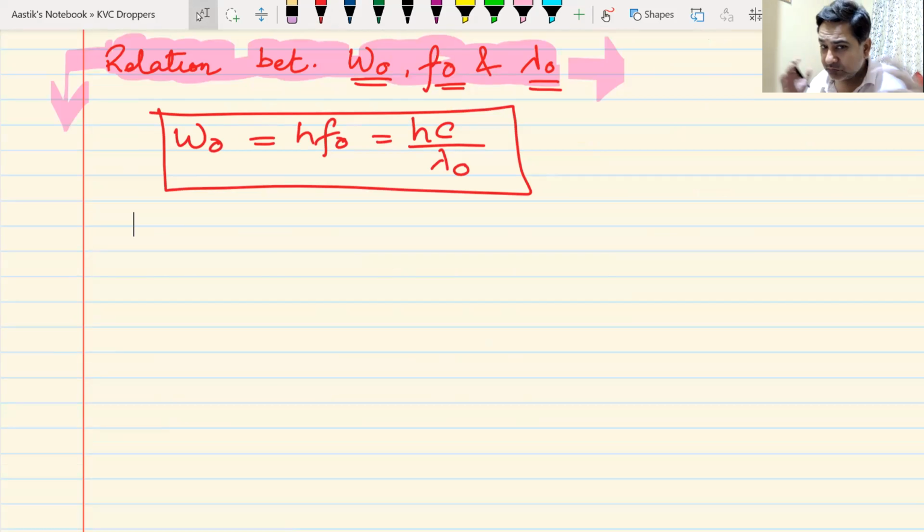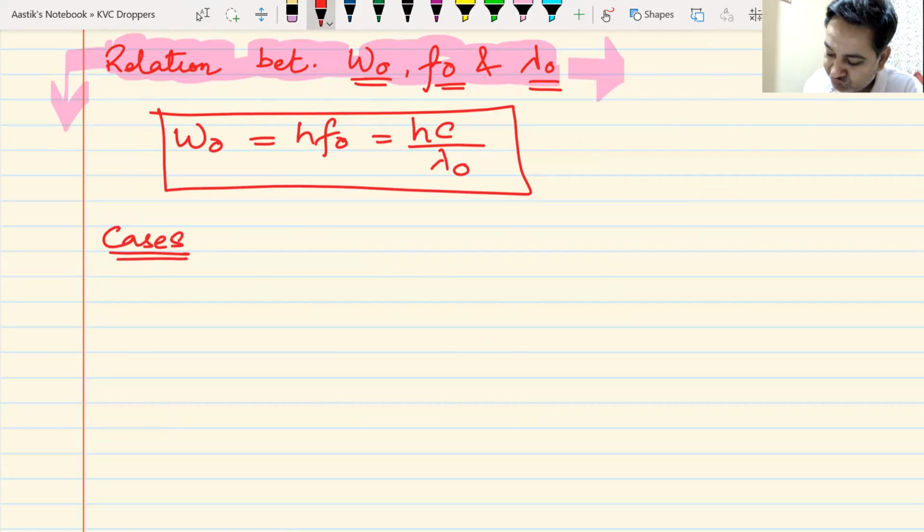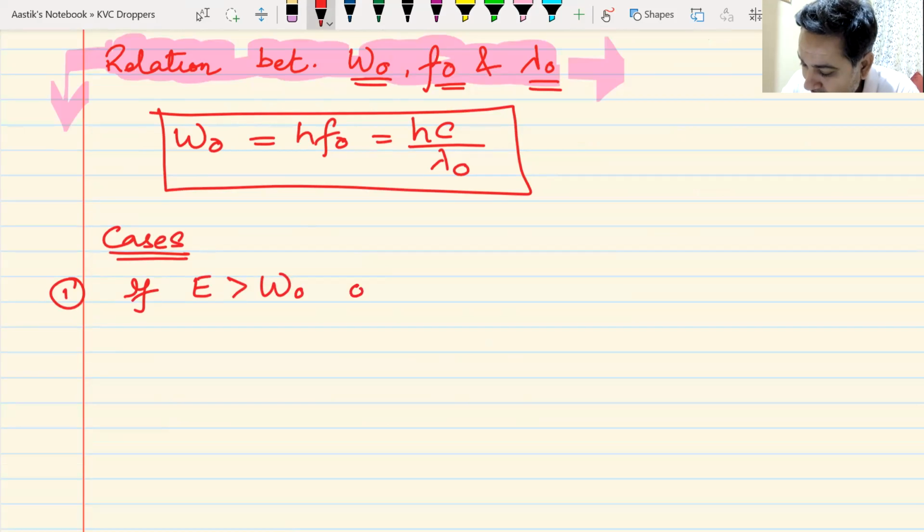There are three important cases. Number one: if E, the energy of the photon, is greater than the work function W naught, or I can write it as f, the frequency of the photon, is greater than f naught.